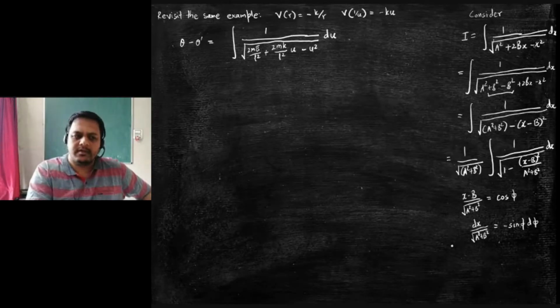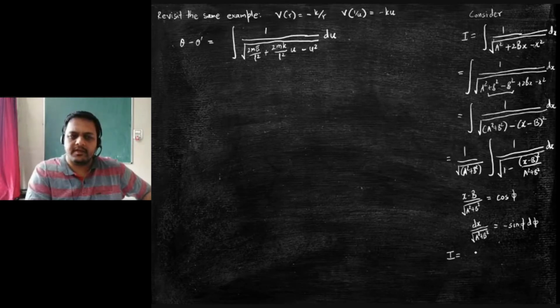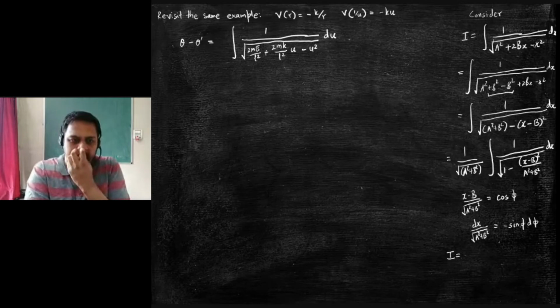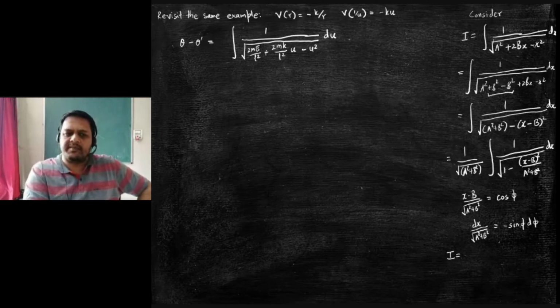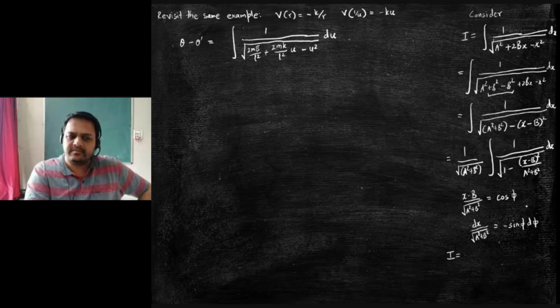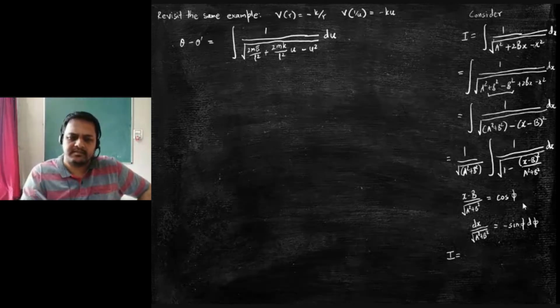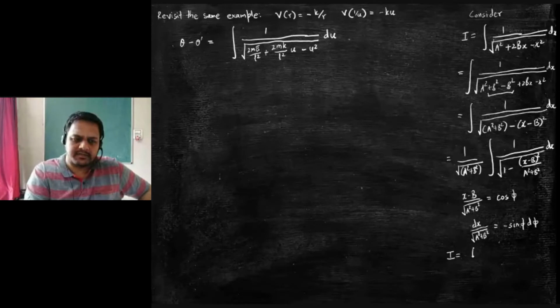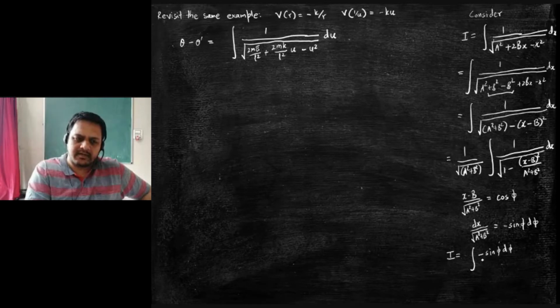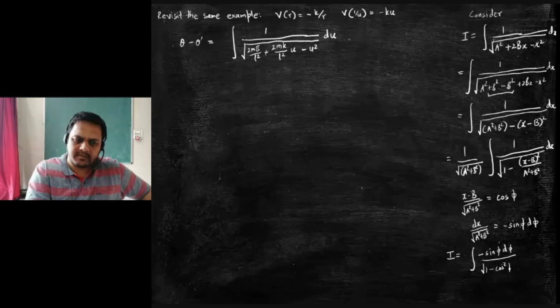बराबर है? So what becomes of your original integral? 1 upon square root of 1 minus cos square phi. What is square root of 1 minus cos square phi? Let me write it explicitly. Minus sin phi d phi upon square root of 1 minus cos square phi.